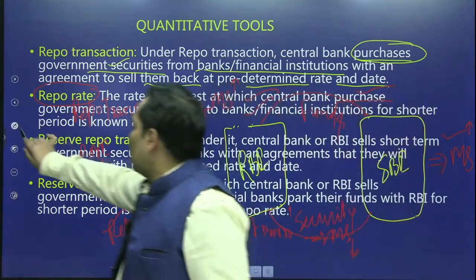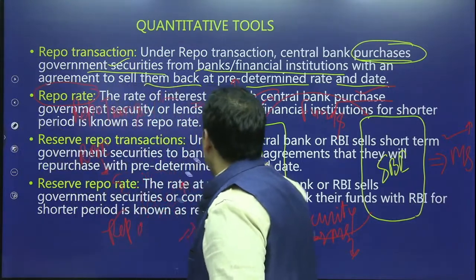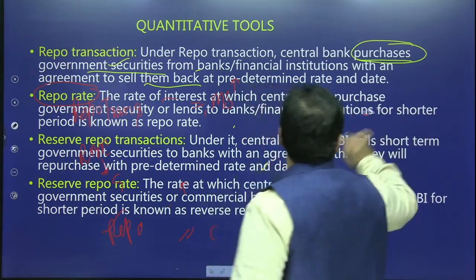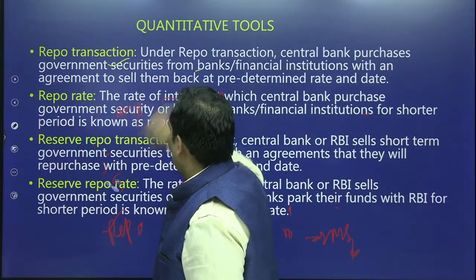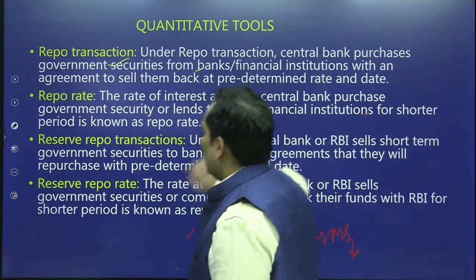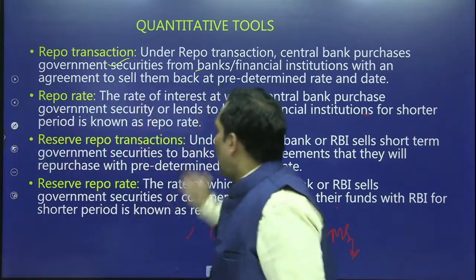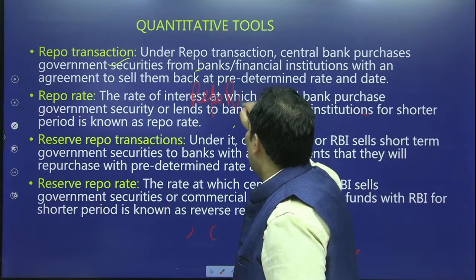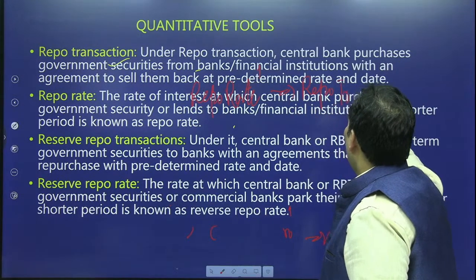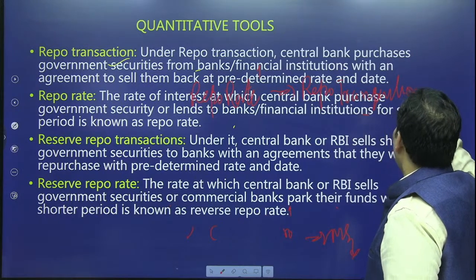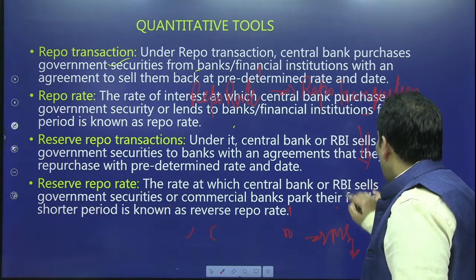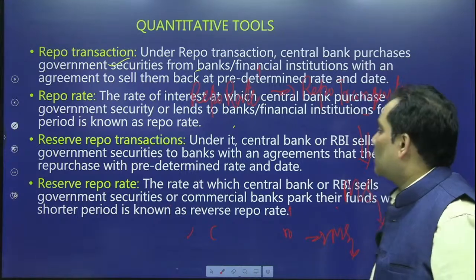So we can say that an increase in the repo rate demotivates repo transactions, because it increases the cost of borrowing for the commercial banks. As a result, money supply in the economy reduces.